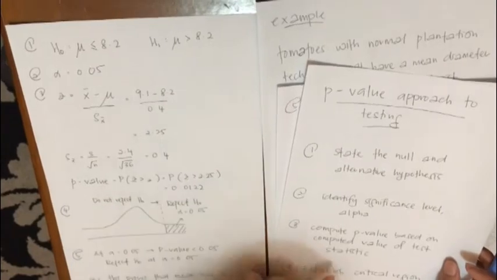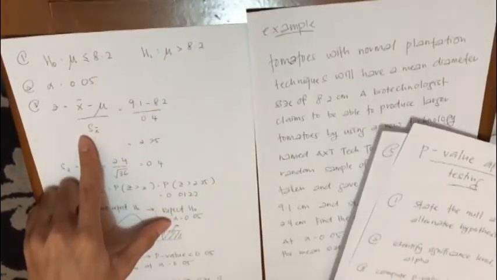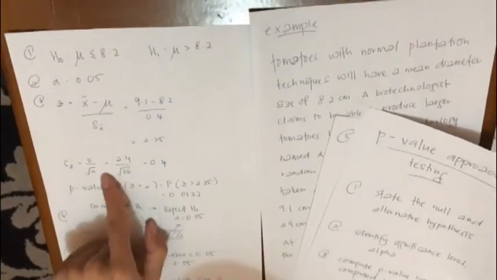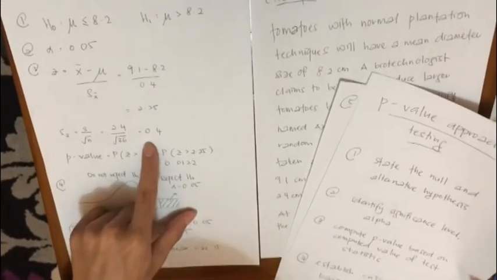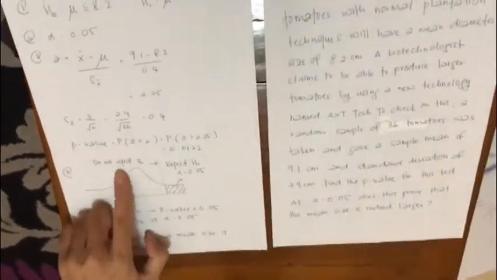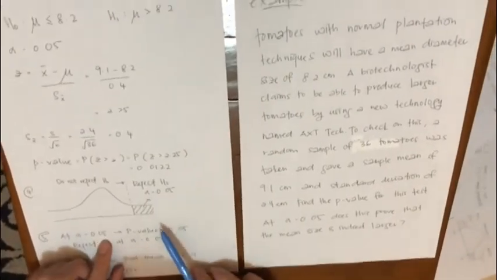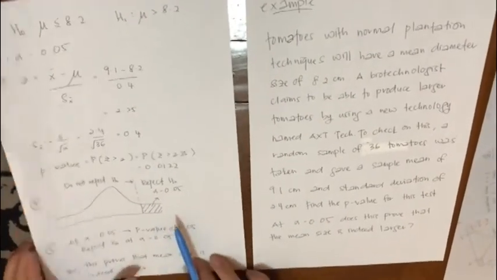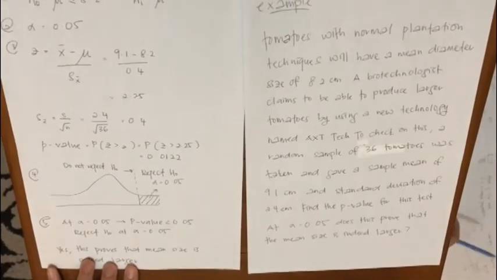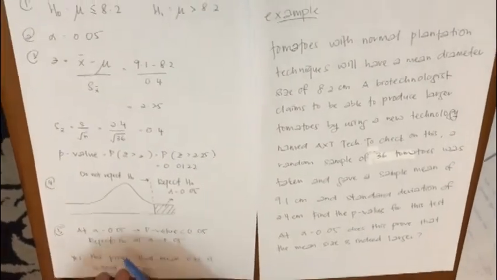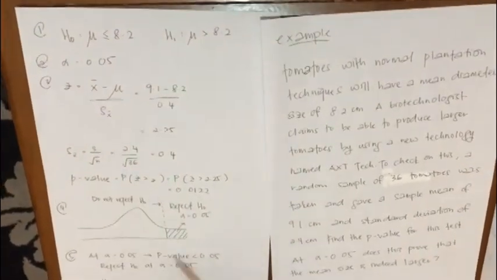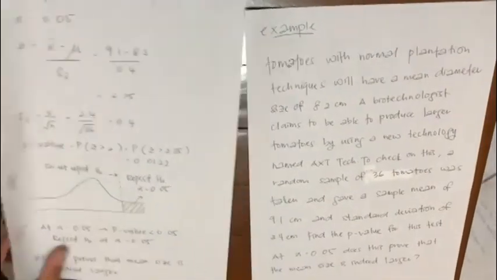Then compute the test statistic, choosing the best test statistic. Then we calculate, and establish the critical region. After that we look at the table, so we can conclude. And the last one is make a decision. So we make a conclusion from the calculation before. So that is done for the p-value approach.